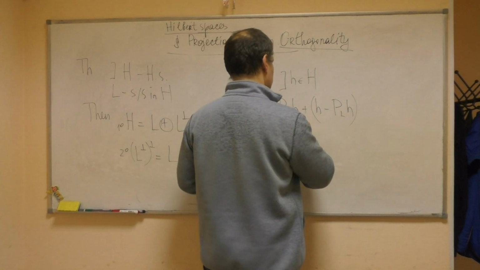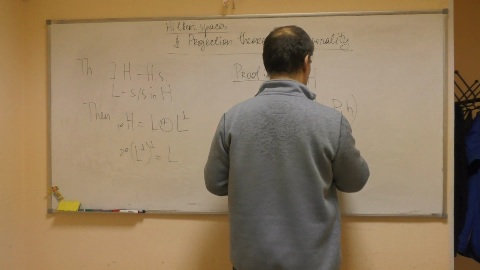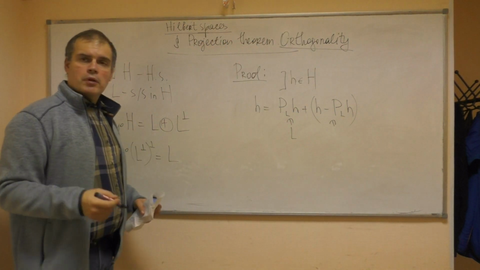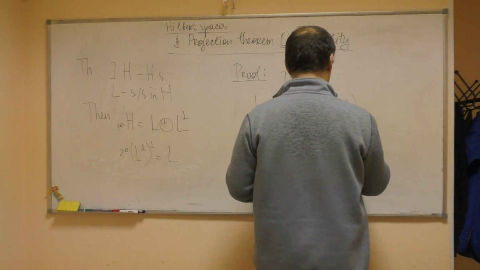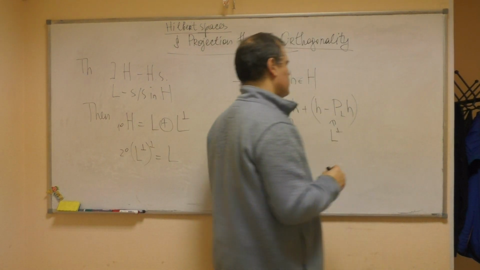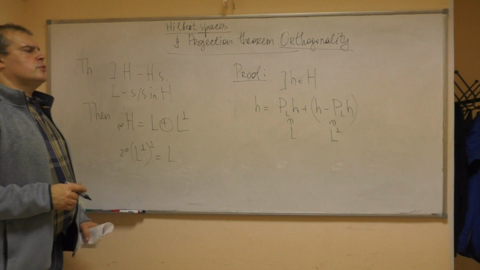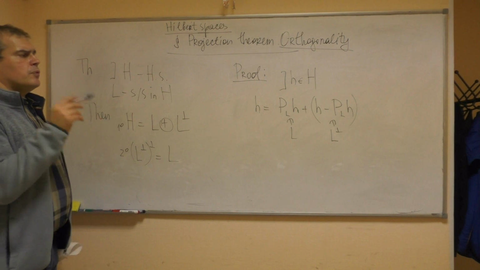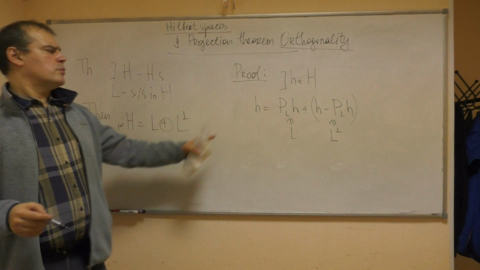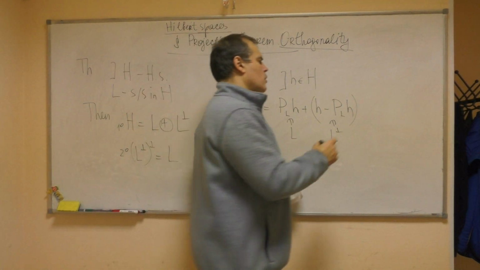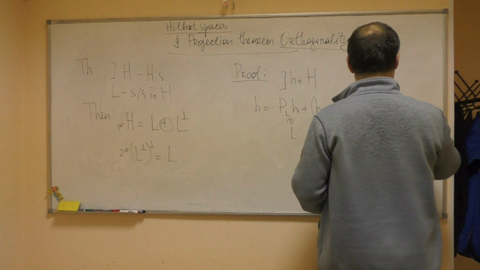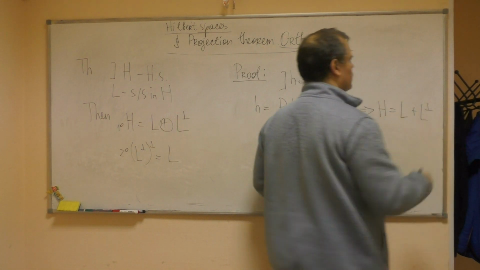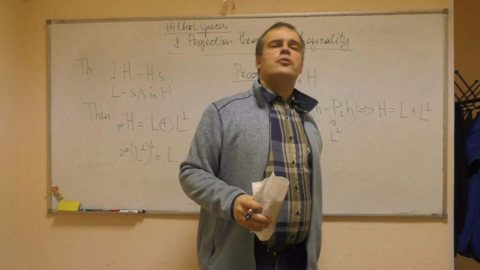As we know, this is an element from L, and this element is orthogonal to L, we have proved it recently, so it is an element from the orthogonal complement. So we have found two elements from L and the orthogonal complement whose sum is equal to H. So we already proved that H is presented as a sum of L and its orthogonal complement.